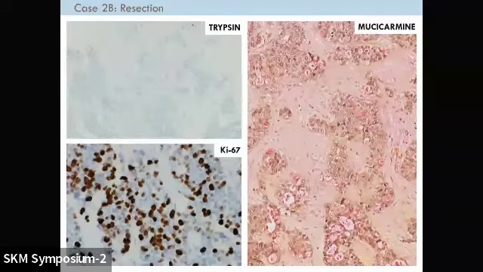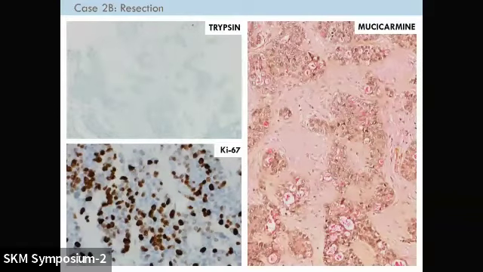As you can see over here, compared to the last case, this case turned out to be totally negative for trypsin. However, with mucicarmine, there were very nice areas indicating presence of mucin, as you can see over here. These are the glandular areas that are intimately associated with these high-grade solid areas. Ki67 again showed positivity in more than 50% of the cells, indicating the presence of a high-grade neuroendocrine component.